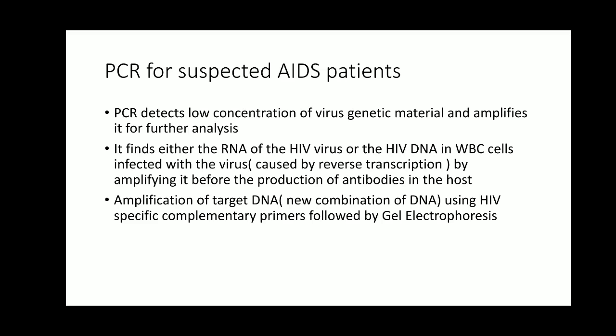If it is increasing, then the infection is at a very high rate. If it is decreasing after different therapies like chemotherapy are given, then the molecular size is also reduced. This can be found in the agarose gel electrophoresis. So this is how PCR is used to detect HIV in suspected AIDS patients.